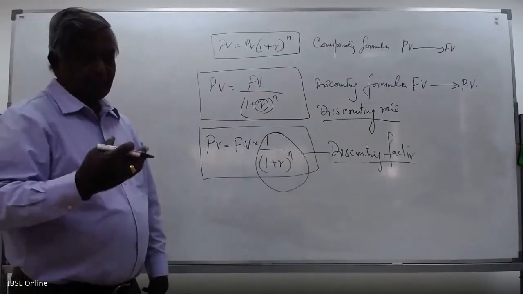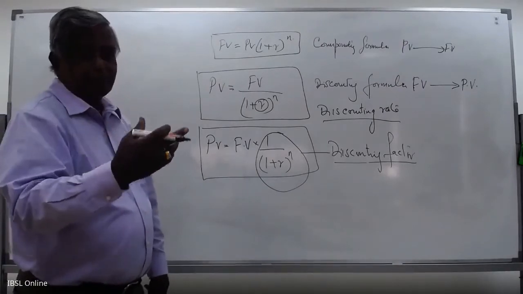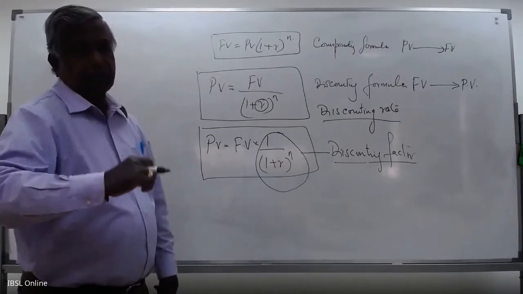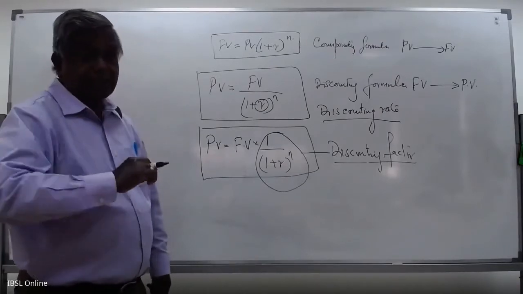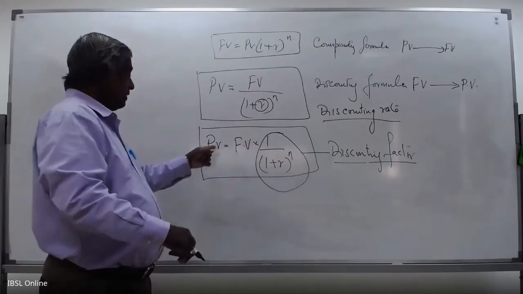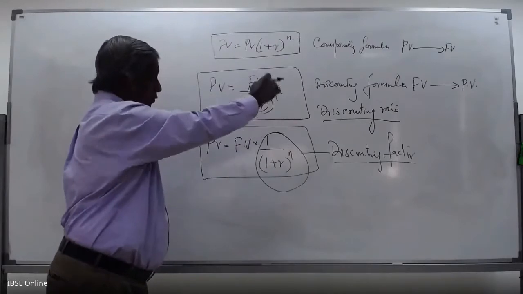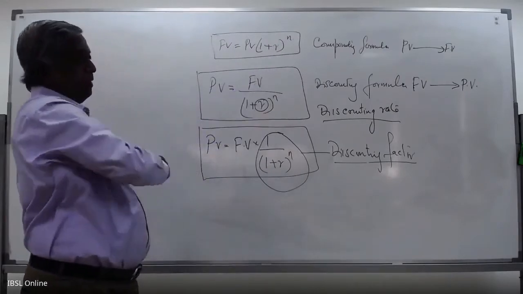So from the discounting table, with the interest rate and the period, you can find the discounting factor and multiply the future value. You will get the present value. You can convert the future value into present value.